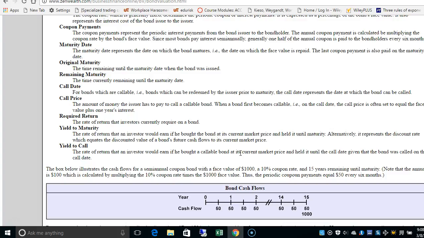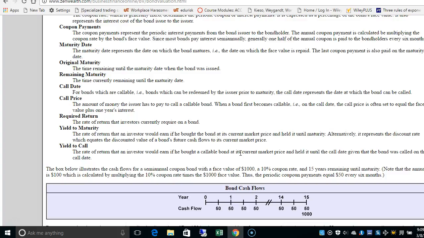A call date is for bonds which are callable, and this is a feature on a bond. For example, if our company issues a 30-year bond with a coupon rate of 5%, and over a 10-year period since we've issued that bond, the interest rate for a similar bond is now 2%, which has happened in the past 10 years.